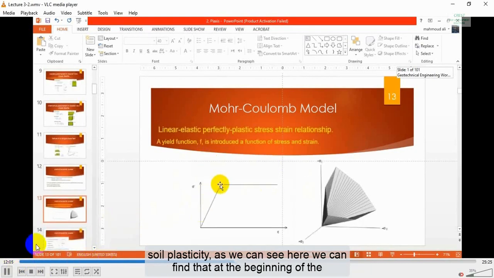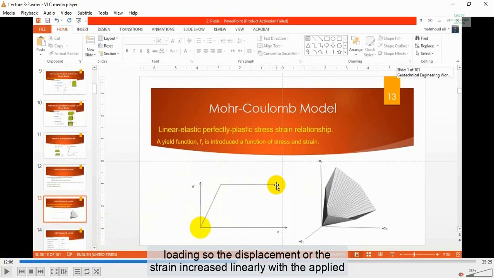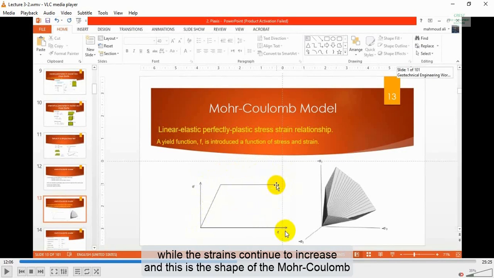As we can see here, at the beginning of the loading, the displacement or the strain increases linearly with the applied stress until it reaches a certain point, after which the stress remains constant while the strains continue to increase.